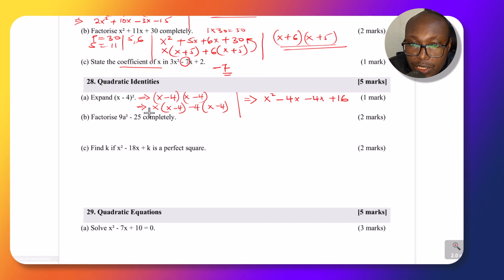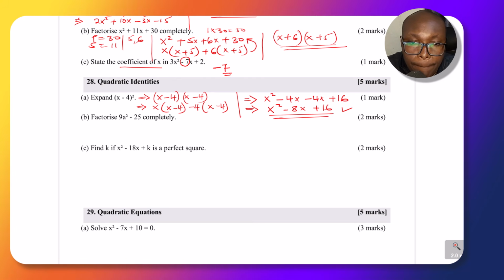So you have to be very keen with these. Then the like terms, so you have x squared, negative 4x subtract 4x will be negative 8x. You need to be very keen there with the integers, and that is the expansion.